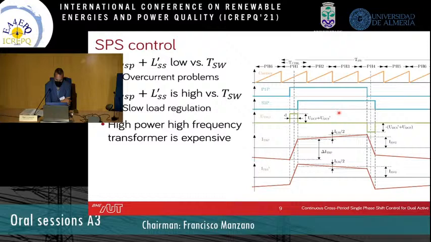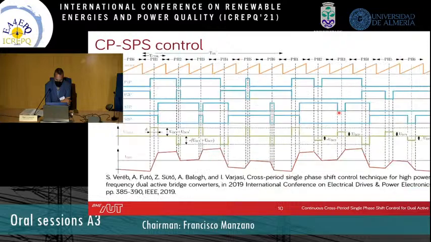To solve this problem, we have created a new kind of control method which we published earlier. The basic idea with this control is to subdivide one switching period of the original single phase shift control into 6 phases. We kept the phase shift values between phase 4 and phase 1.